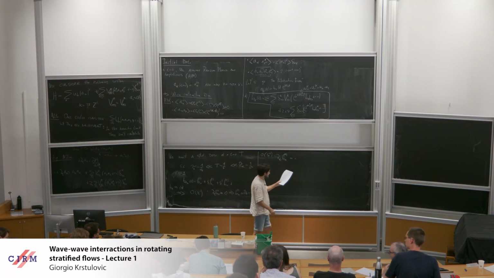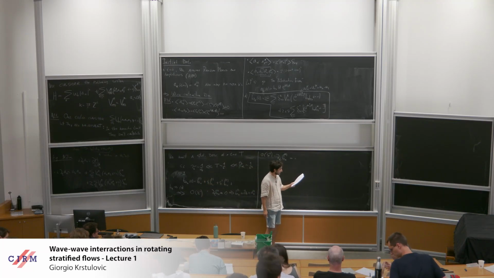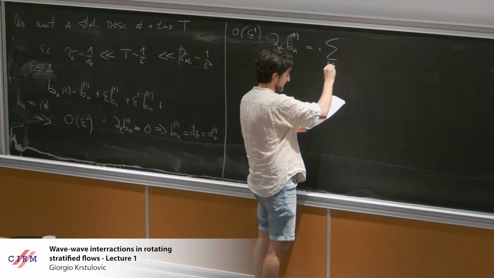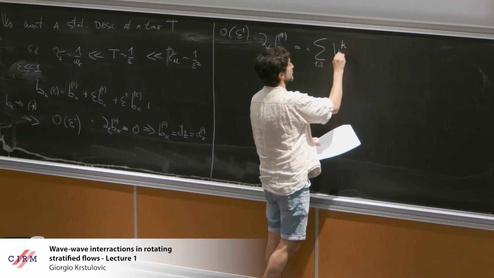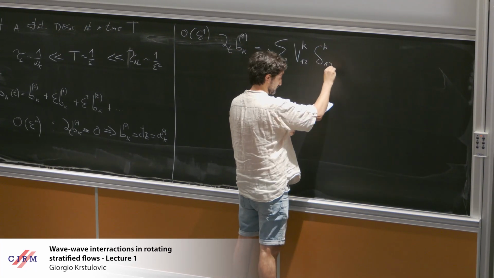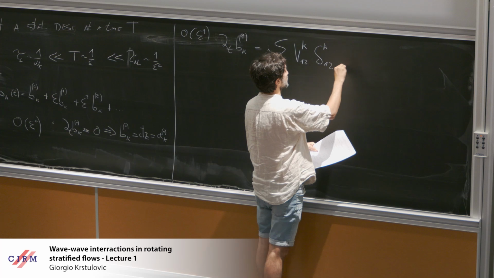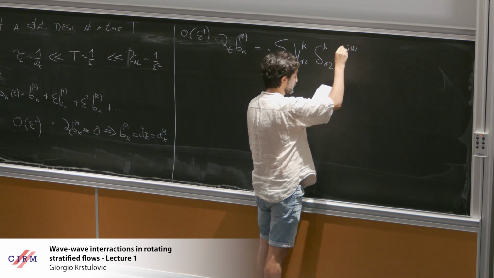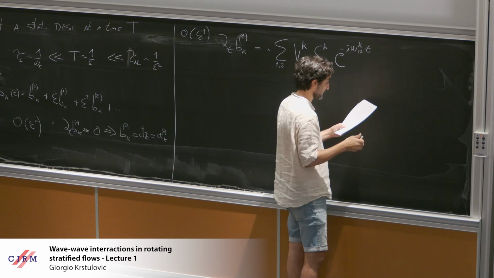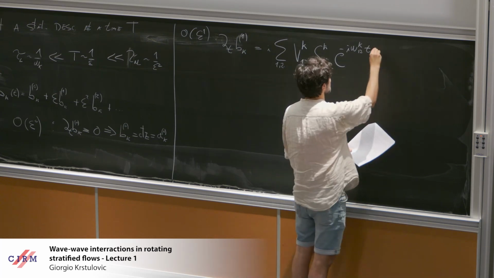Okay, let's go to the next one. Let's write this one: exponential of minus i. I will not write all the terms, it's a bit long and not necessarily helpful.